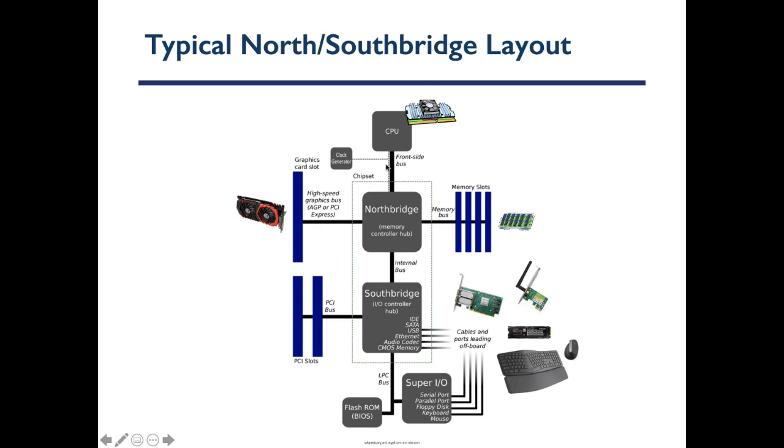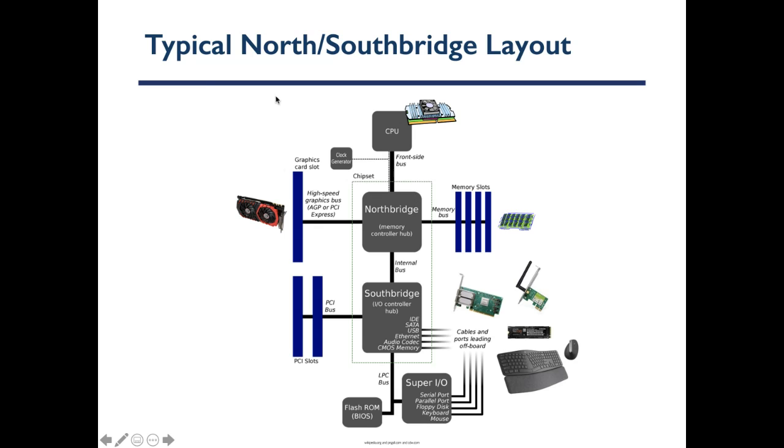So you usually have your CPU connected to the North Bridge, and the name that people usually use for this is your memory controller hub. Obviously, this hub is connected to your memory. And then it's also connected to, for instance, the graphics card, which has to have a really high bandwidth connection to the memory and the CPU.